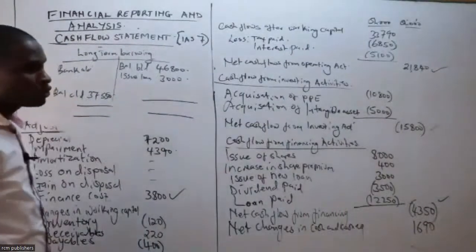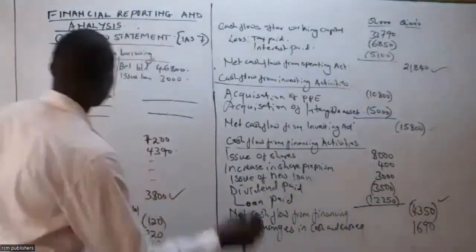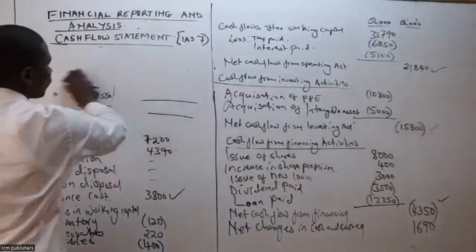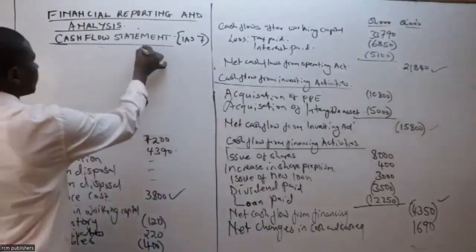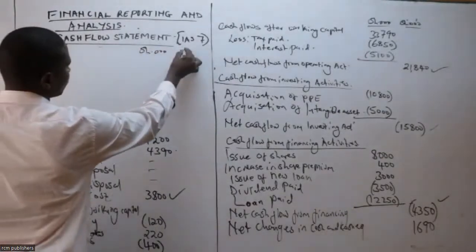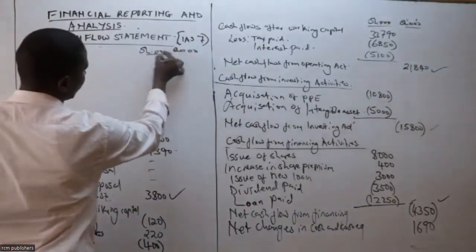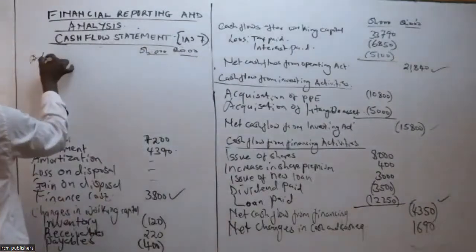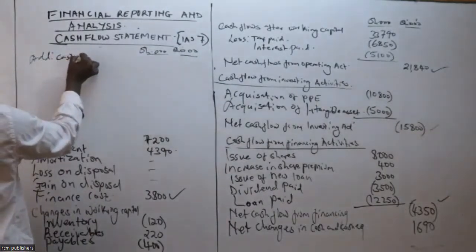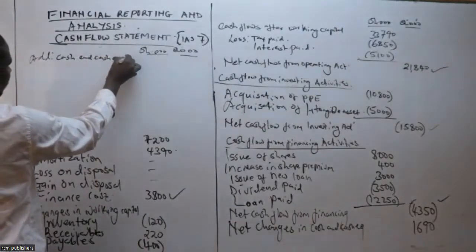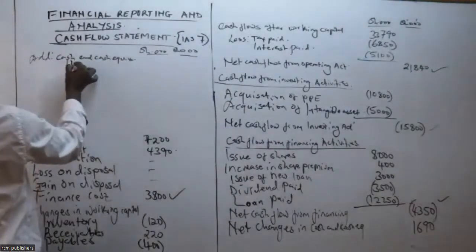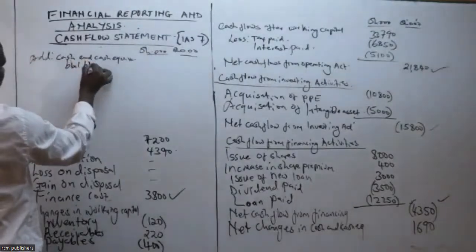Class, we usually add cash and cash equivalent brought down. From that you add cash and cash equivalent, balance brought down.